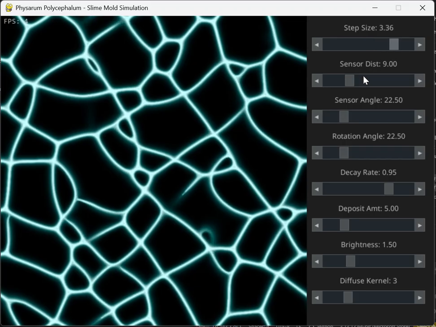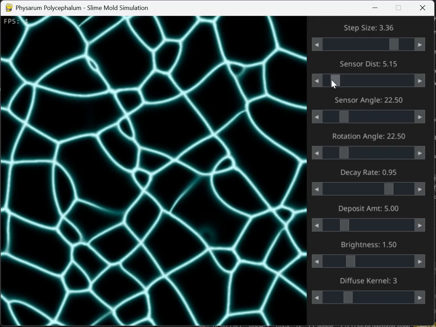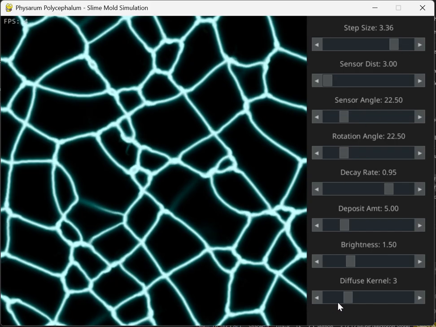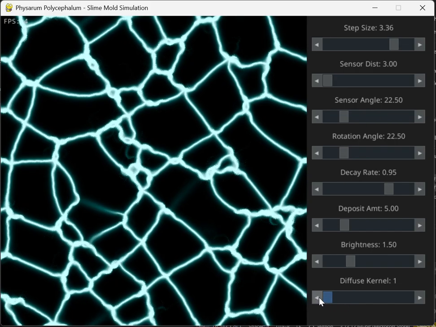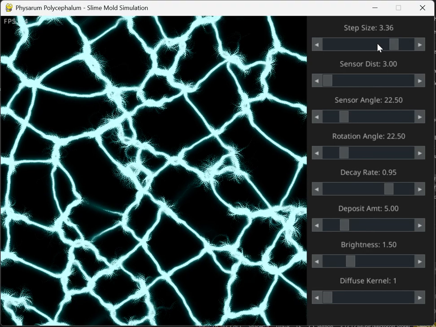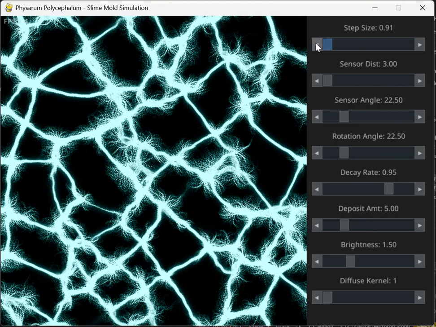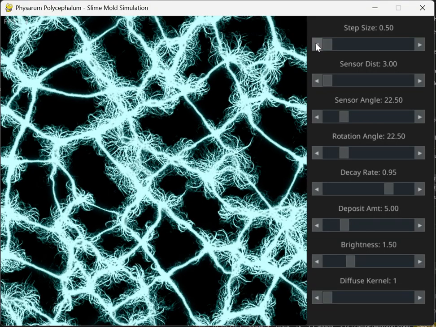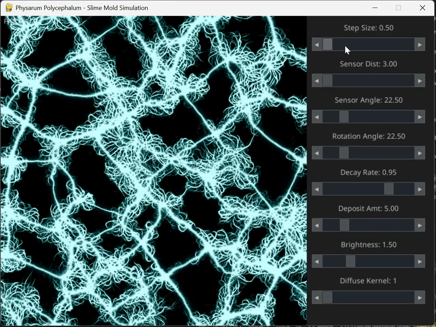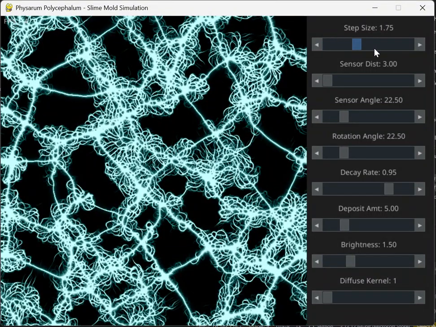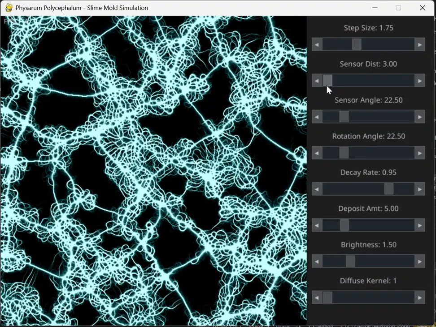If I crank it up, the agents will move faster, and if I make it really small, the agents will move really slowly. As you can see, it is moving really fast, but if I slow it down, each agent will move slower. So if I make it normal, the second is the sensor distance.